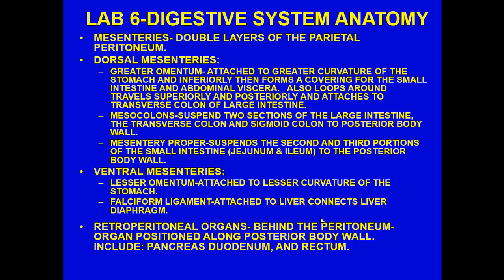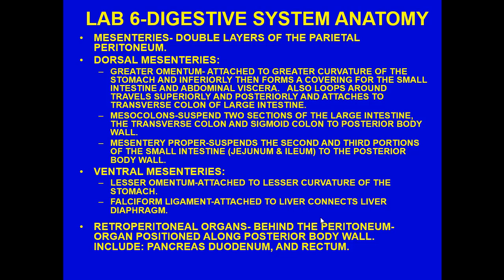These are called retroperitoneal, but many are actually attached to the mesenteries, the double layers of the parietal peritoneum. Let's go over some of the different types of mesenteries. The dorsal mesenteries include the greater omentum, the mesocolons, and the mesentery proper.